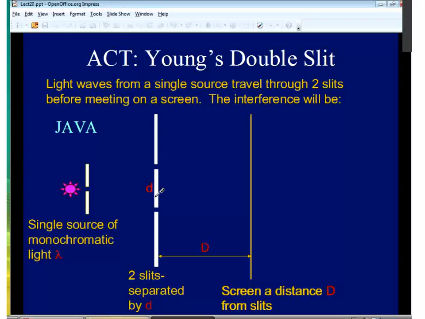Two slits are separated by some distance. Screen is placed at some distance. If these distances are equal, which is what you find in this figure, then the rays here and here will be in phase.